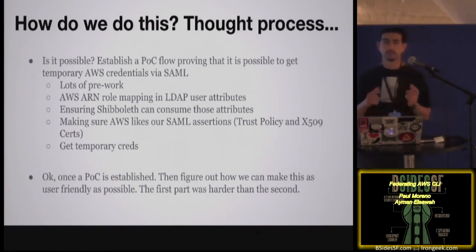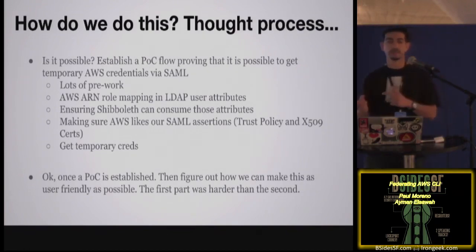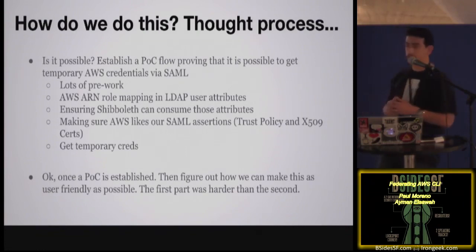We had to make sure that Shibboleth could consume those, so making Shibboleth work with LDAP. And making sure that AWS liked our SAML assertions. So a lot of trust policy, a lot of finicky details that STS was very particular about, rightly so, in making sure that it's accepting our assertions. And then at the end, get temporary credentials.